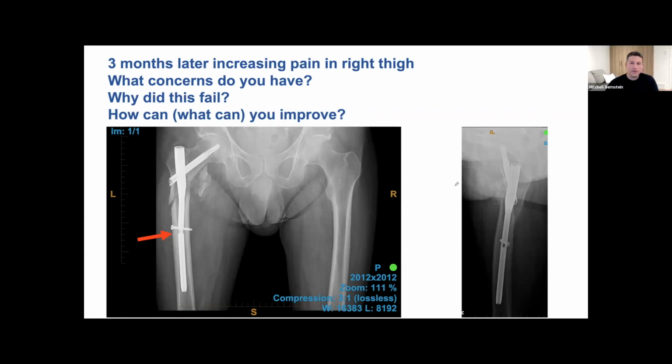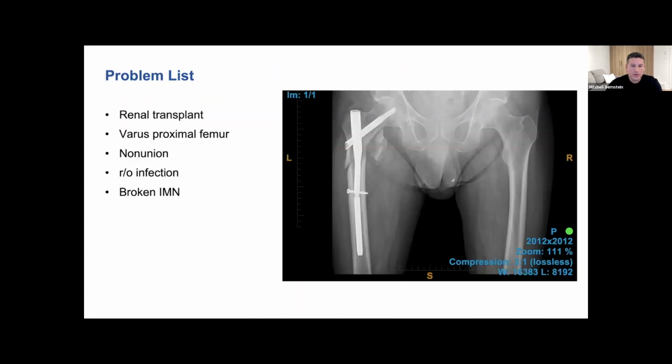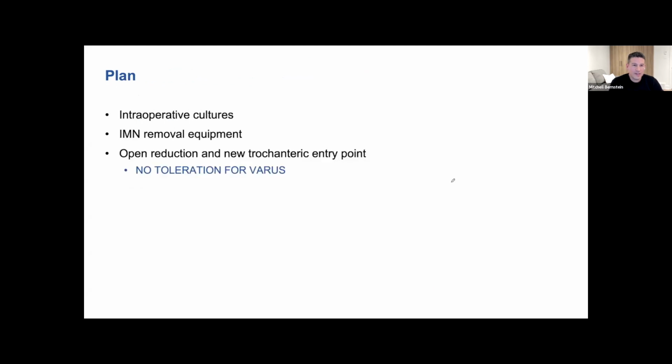All right, so let me get through here so we get Steve on board. Problem list for me: varus is the biggest issue. Varus and a possible infection, and the nail is broken, so that has some logistical implications because you're going to have a broken little piece in there.